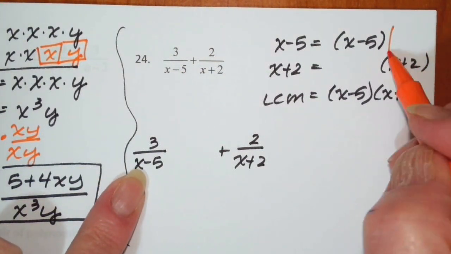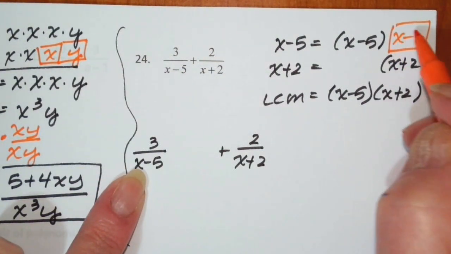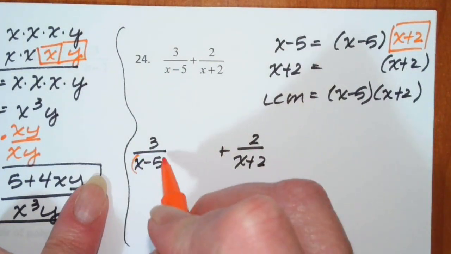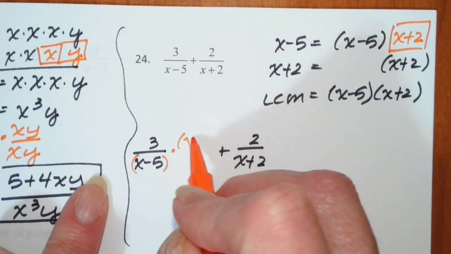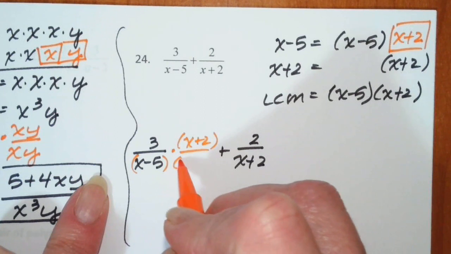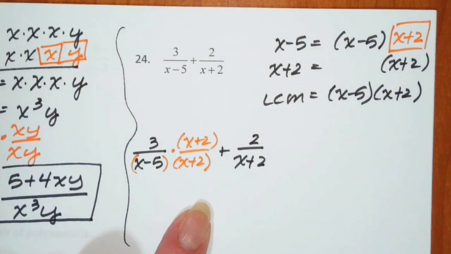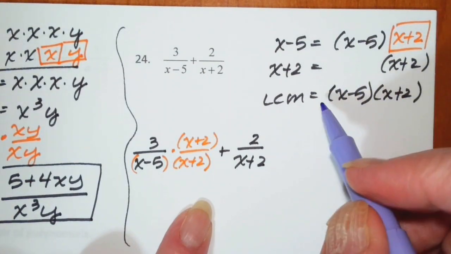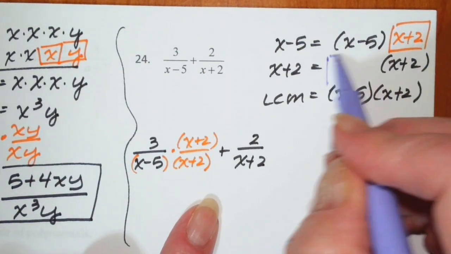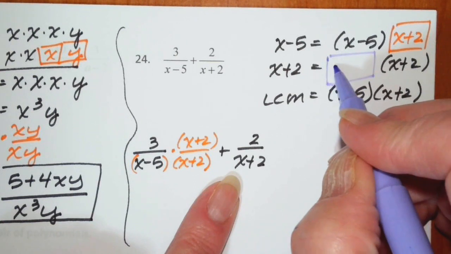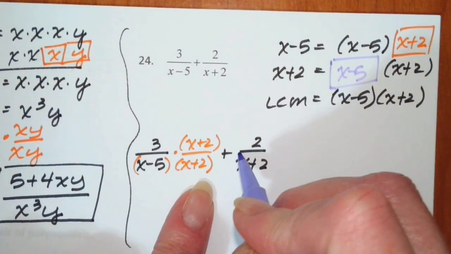Well, x minus 5 is missing a factor of x plus 2. So I'm going to have to multiply by x plus 2 over x plus 2. This term is missing a factor of x minus 5.